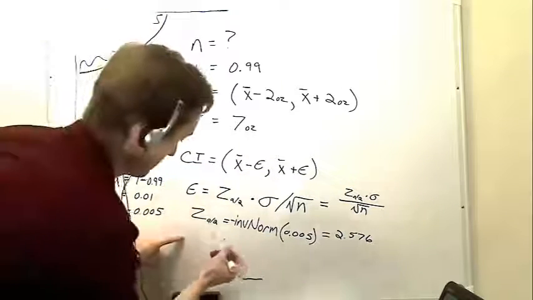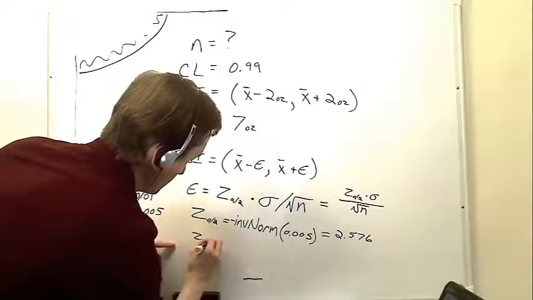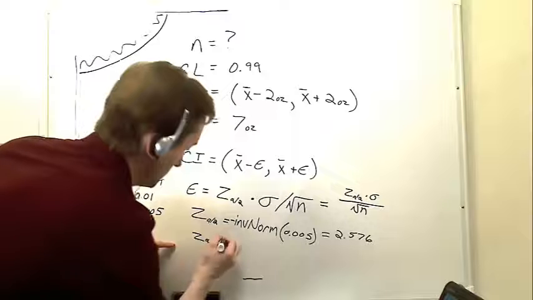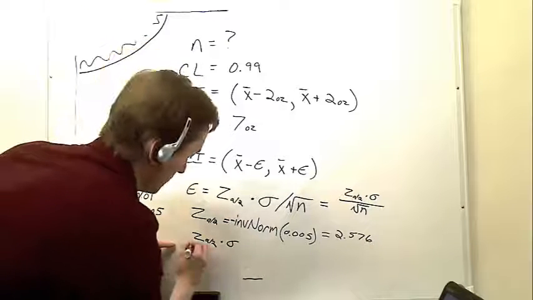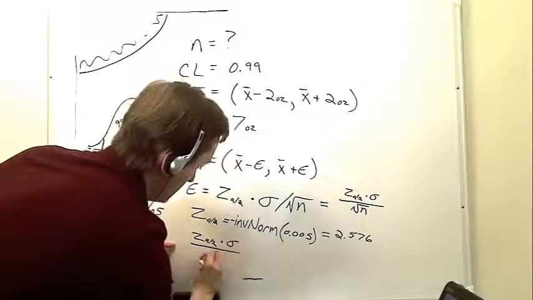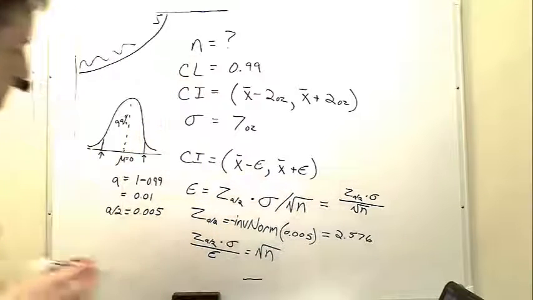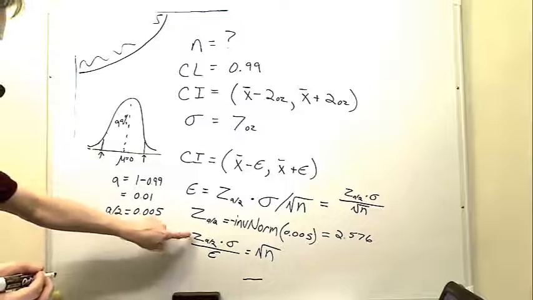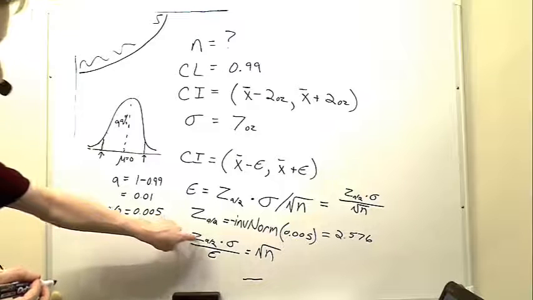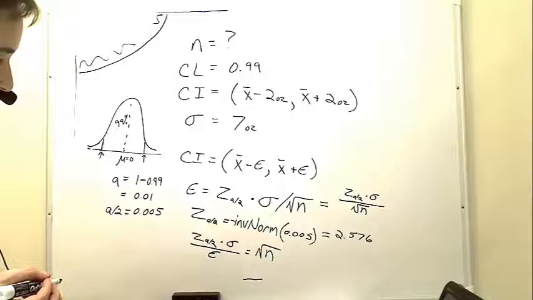So z sub a over 2 times standard deviation divided by e is going to equal the square root of n. So that means if I just square both sides, n will equal z squared times standard deviation squared divided by the margin of error squared.